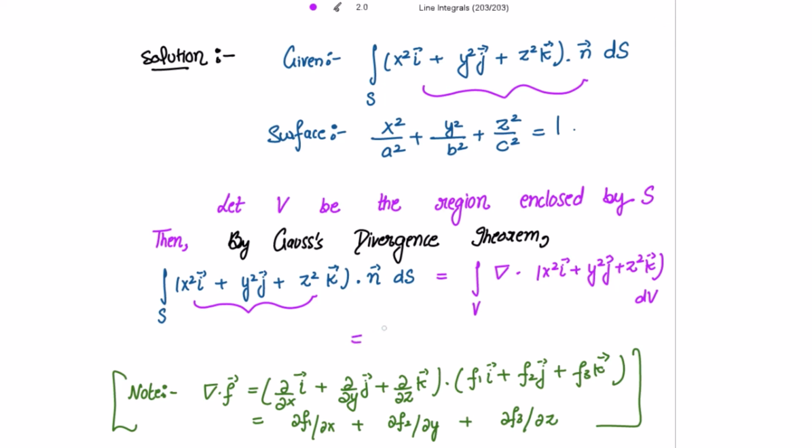So this is equal to volume integral of derivating the first component with respect to x, plus derivating the second component with respect to y, plus derivating the third component with respect to z, dv. So curly by curly x of x square is 2x, and then plus 2y plus 2z.